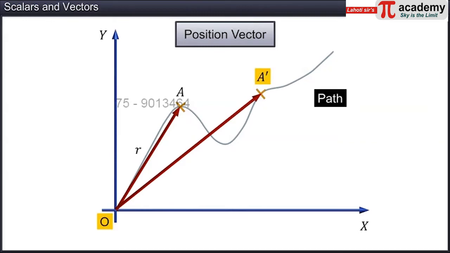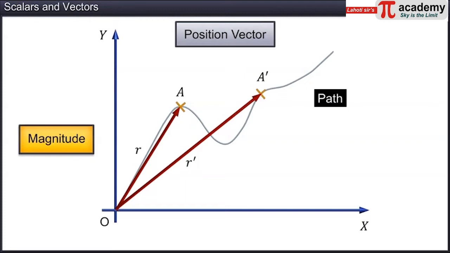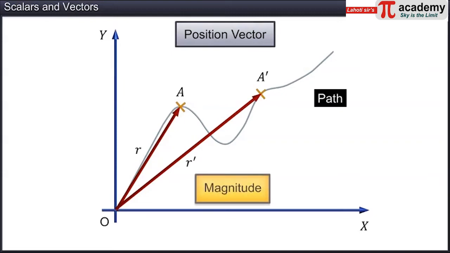Label the line OA' as R'. Here, OA' is the position vector of the object at time t'. It is called R'. The length of the vector R represents the magnitude, and the direction is from O to A. The length of the vector R' represents the magnitude, and the direction is from O to A'.